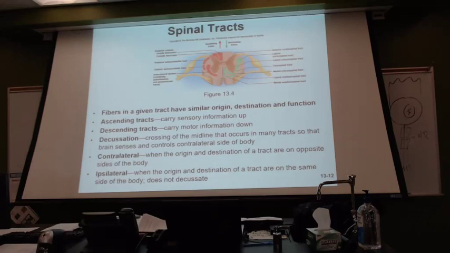This is going to be reflexes with skeletal muscle: what's going to happen and how the body's going to compensate to help keep the body protected. Ipsilateral: origin and destination are on the same side of the body. Everything stays on one side. Nothing crosses over.